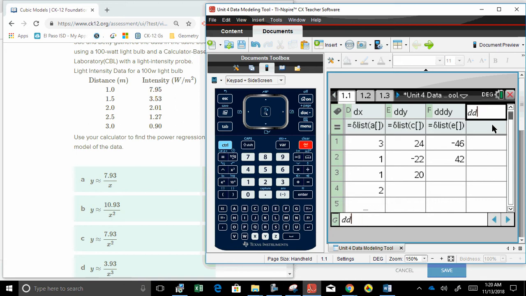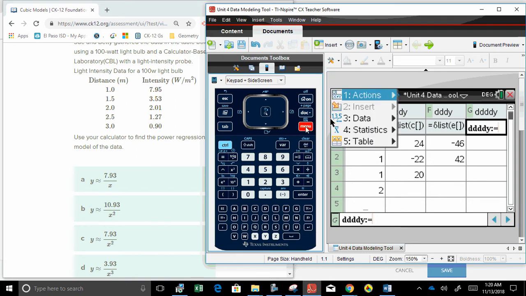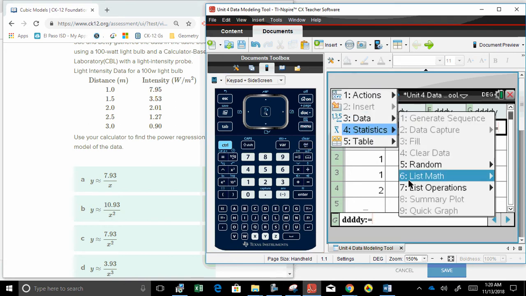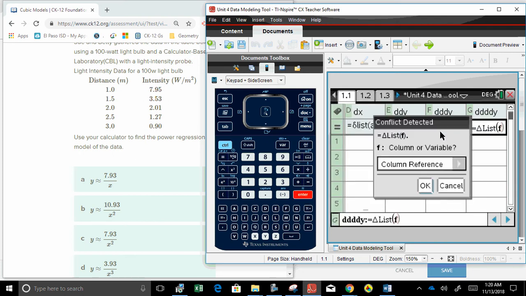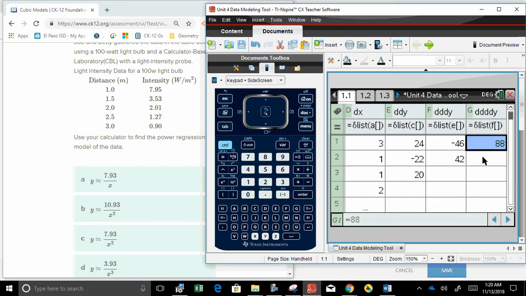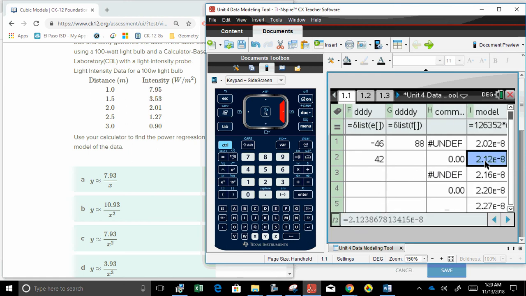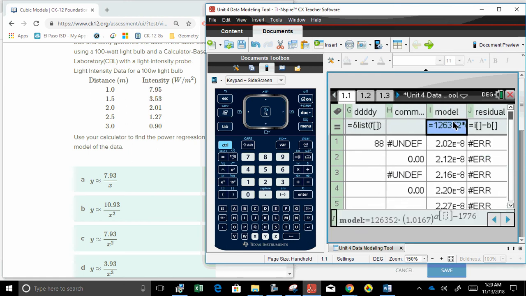Well, maybe I should put D4 instead at this point. New data. Anyway, what's the model? Well, the model is our function f.